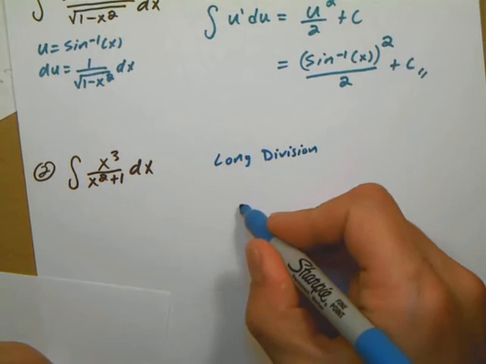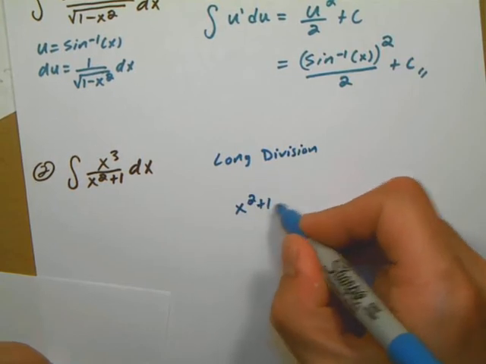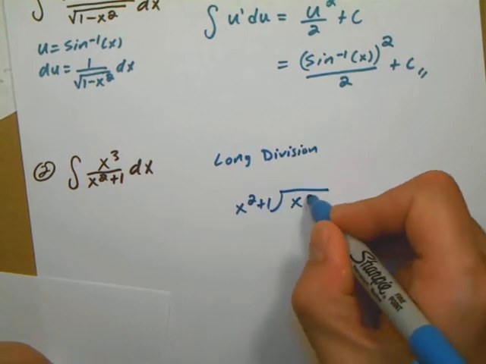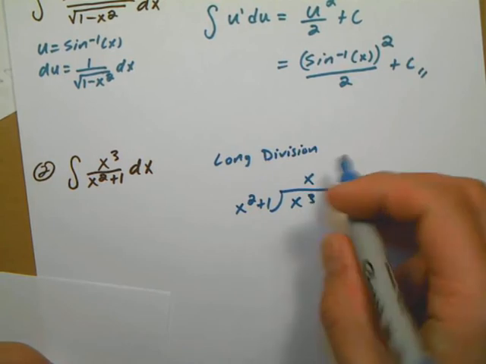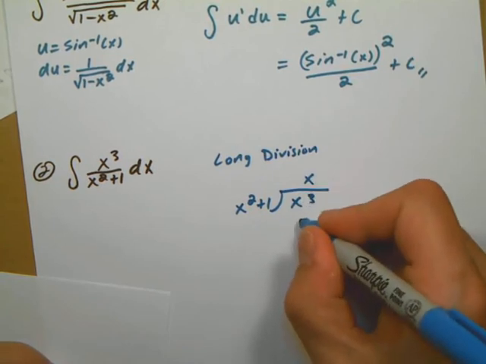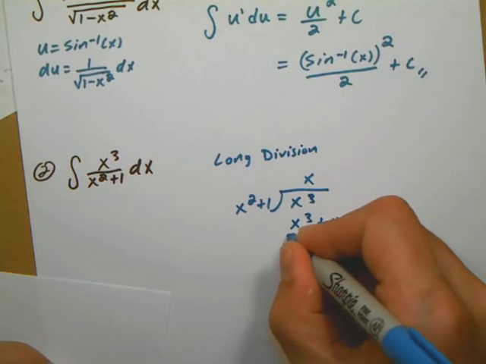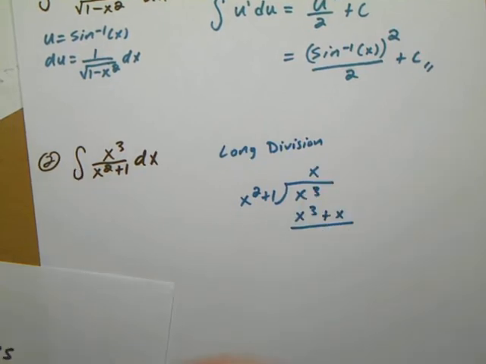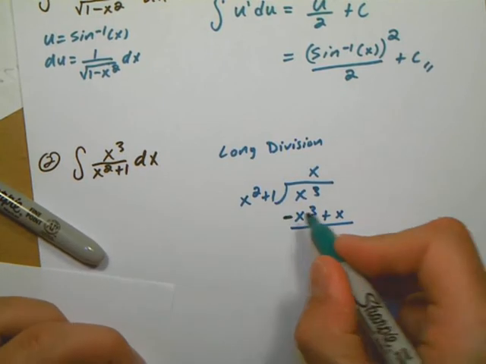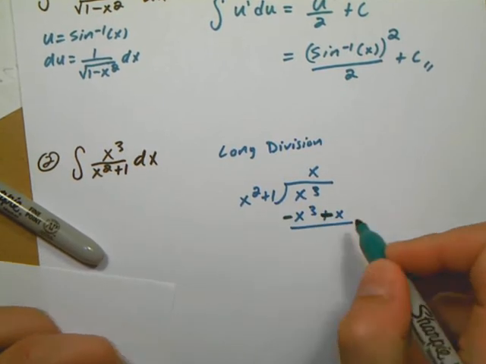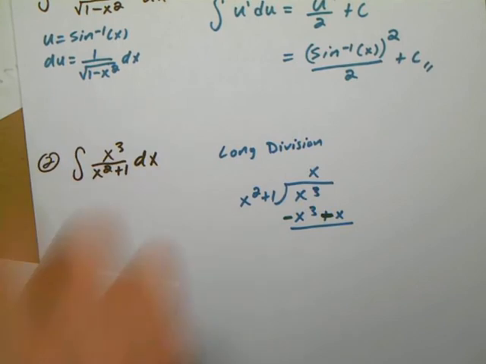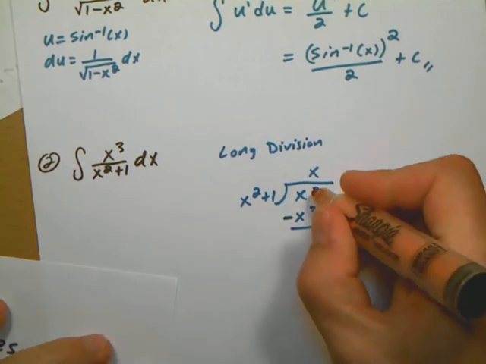Alright, so long division, I'm going to go x squared plus 1 into x to the third. This just multiplies it by x, so it's going to be x to the third plus x, switching the signs. So I ran out of whiteout, so I'm going to have to just put this as negative and then bold that as negative, so this reduces out.